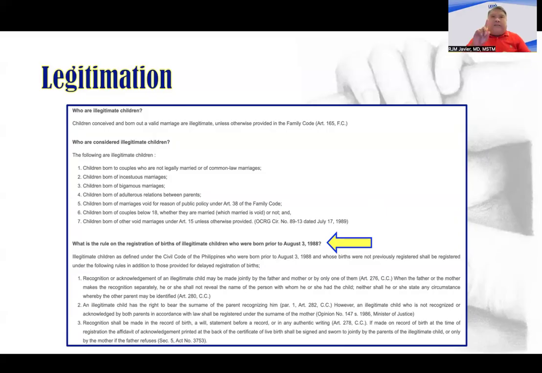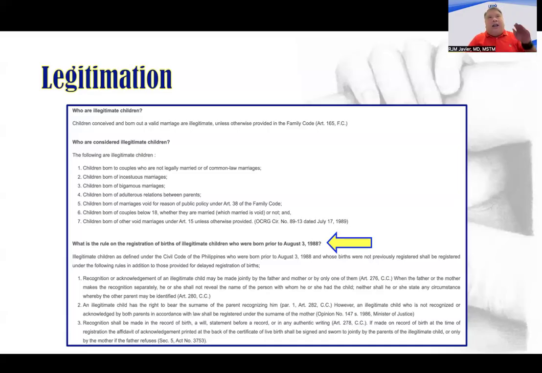But because the baby was born to girl number one, who is still married to boy number one, but the father is boy number two, that child is illegitimate because at the time the baby was conceived, there was no ability for the mother to marry boy number two. So when you say illegitimate, there is no legal basis that will allow for that child to be legitimated.